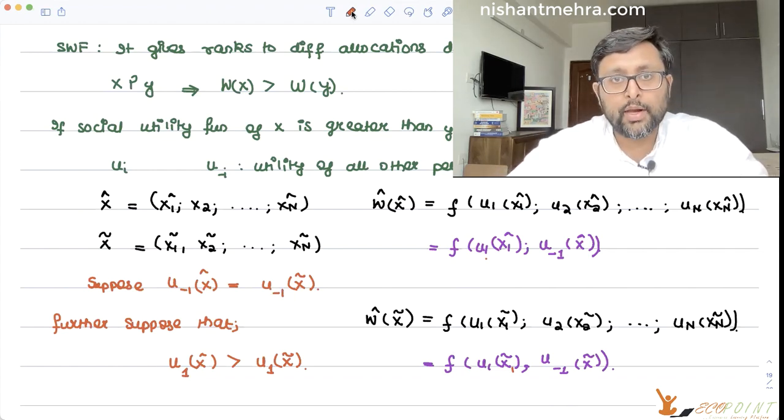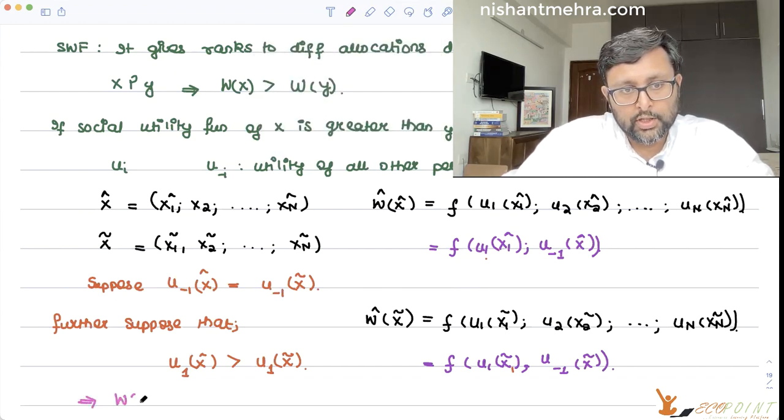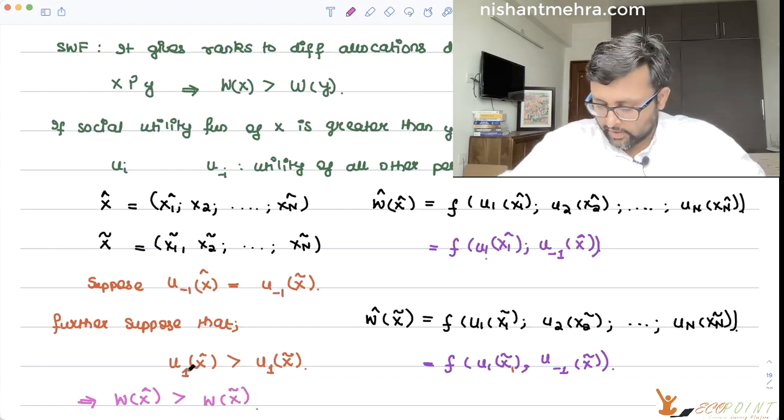So this would imply that the social welfare from consuming X hat is more than the social welfare from consuming X curl.